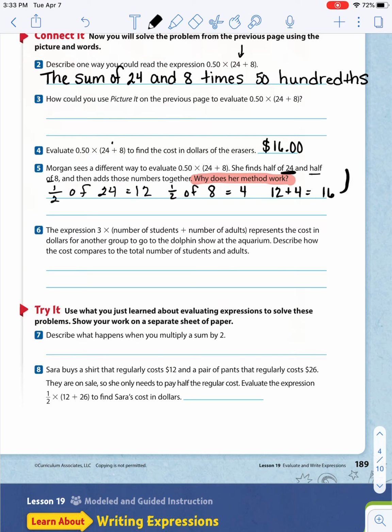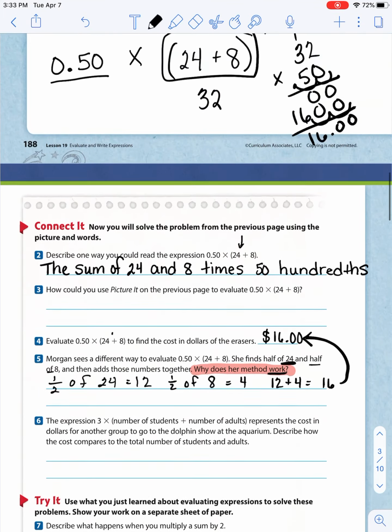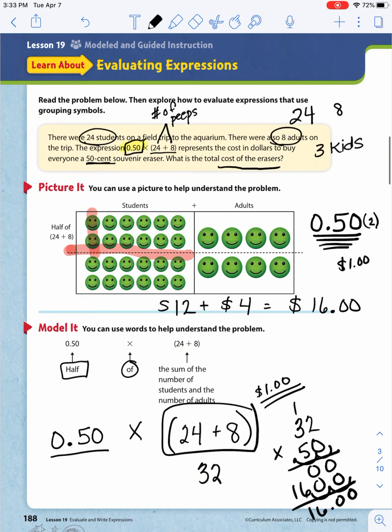And you will notice that her answer is correct. Her method does, in fact, work. You are supposed to think about why it works. Well, if you simply go back and look at that picture it again, that's going to be your key. Why does that work?